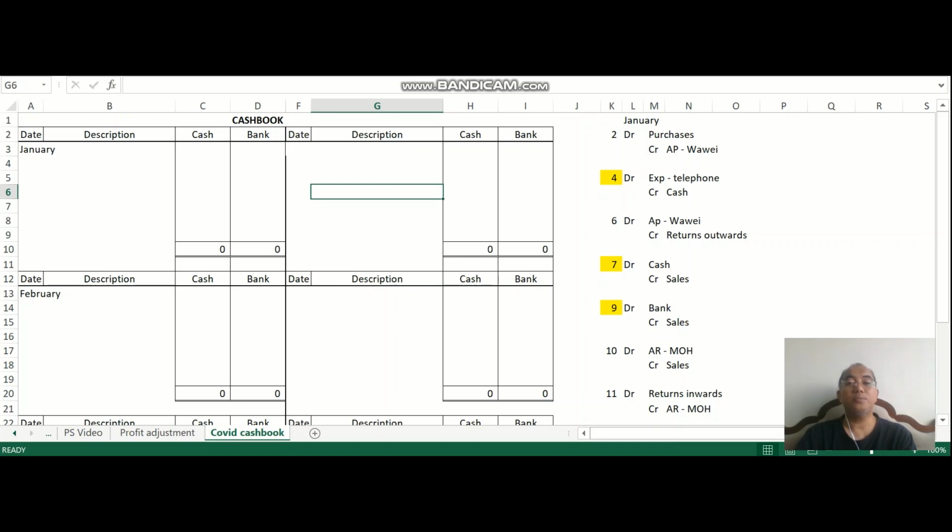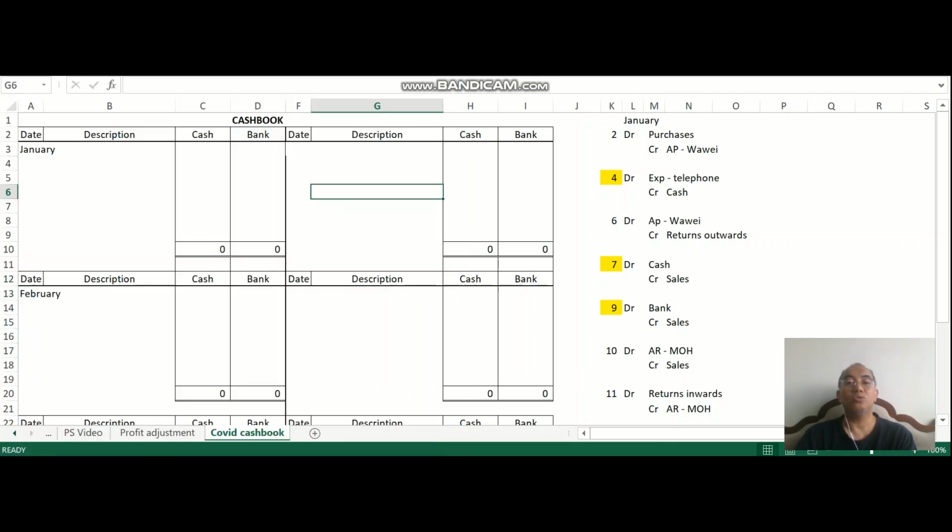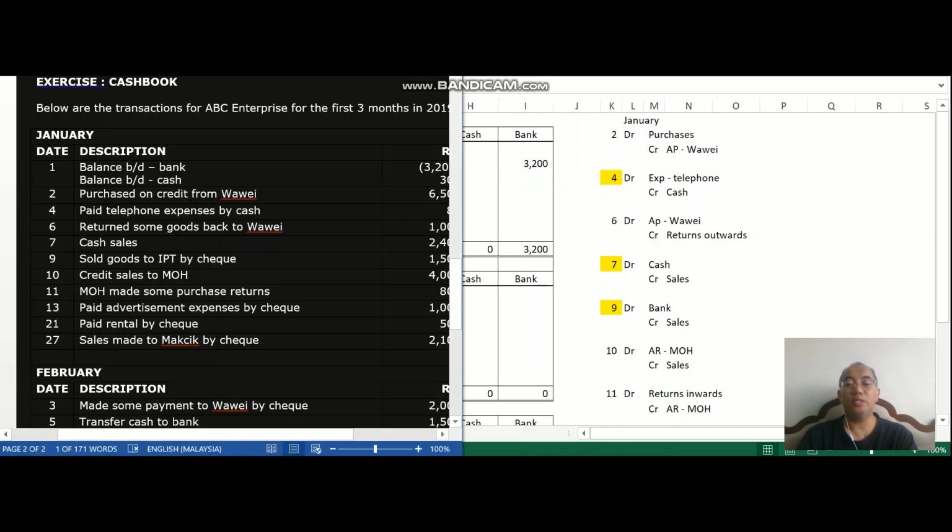Alright, starting from the balance brought down just now. For bank, we have negative 3200, that is a bank overdraft, so it should be at the credit side of the cash book. So here January 1st, balance brought down 3200. And what about cash?